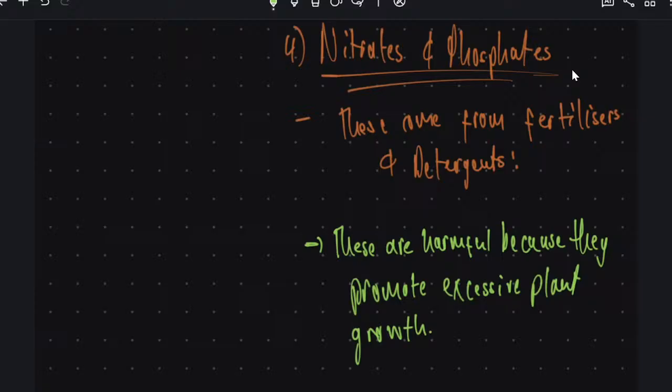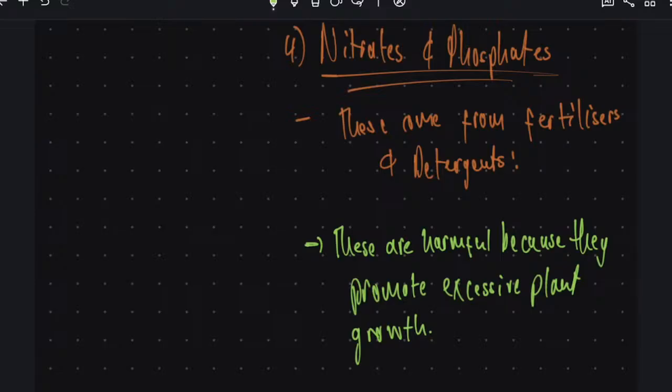They cause excessive growth of plants. Starts growing and growing and growing. Huh? What will happen now? You're going to have the oxygen in the water being lost. Once that happens, then the aquatic life starts being damaged. And that is what we call eutrophication.